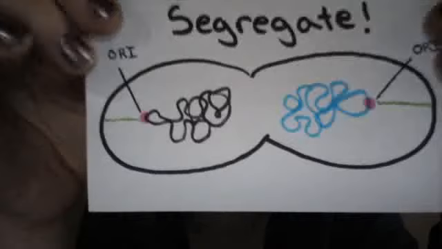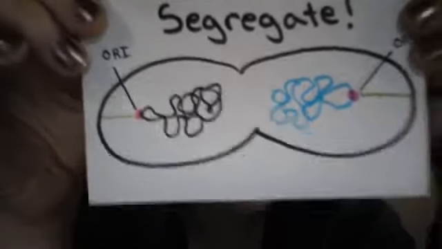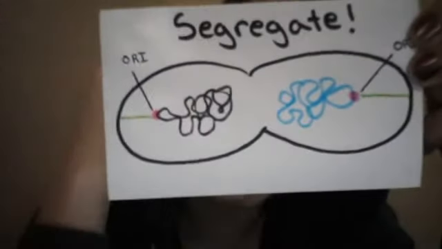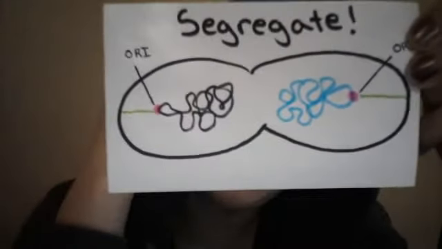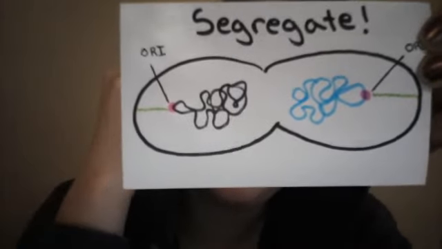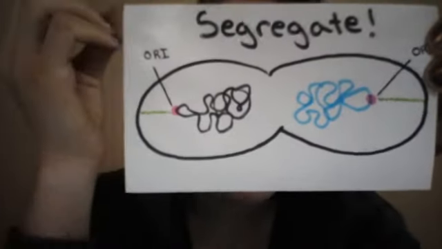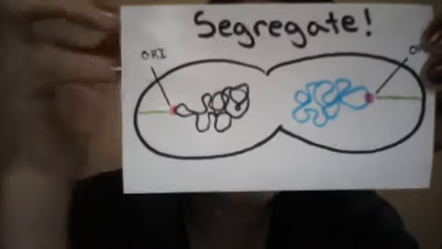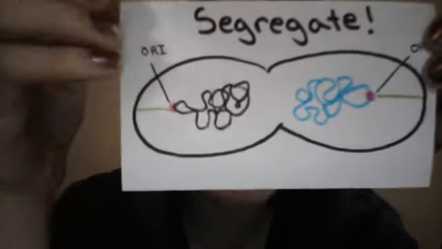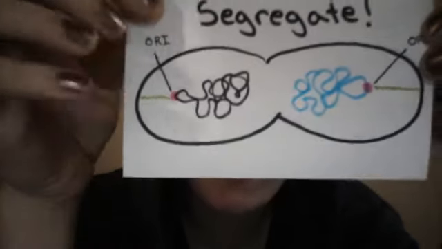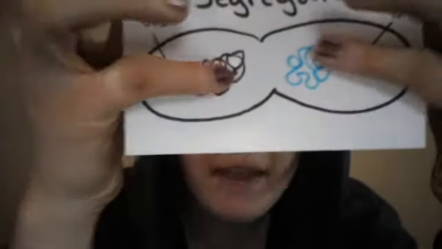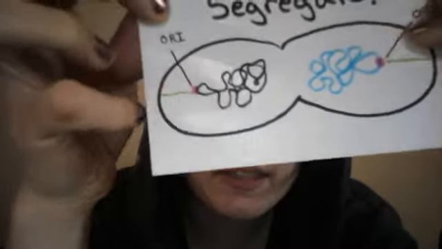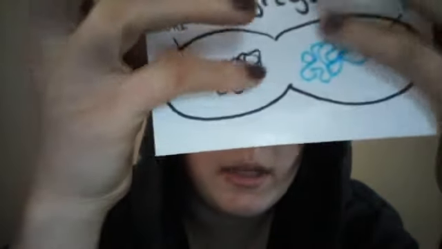These little green lines denote fibrils, or fibers, that are actually attached to the protein complex that is on the ORI. And that fiber is pulling each specific ORI, the daughter and the parent, away from the center pole like this. Does that make sense?